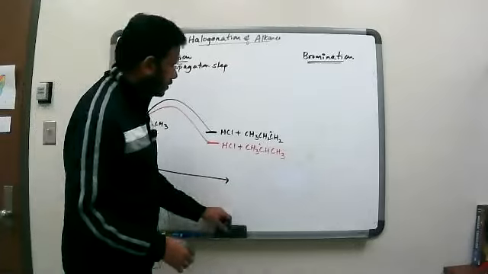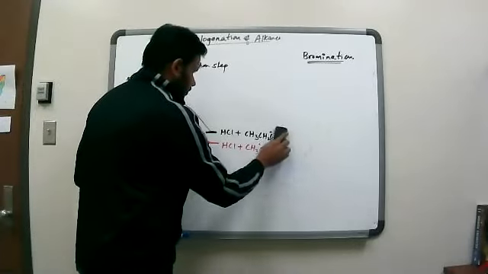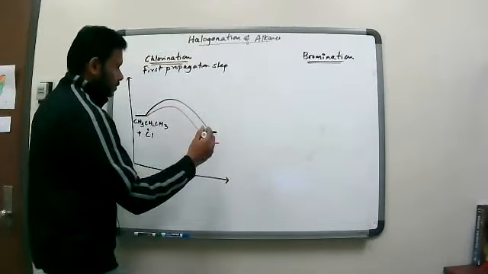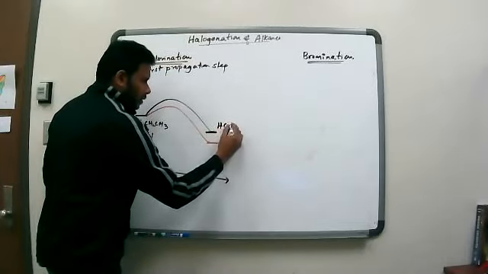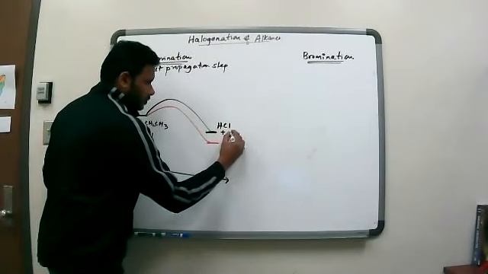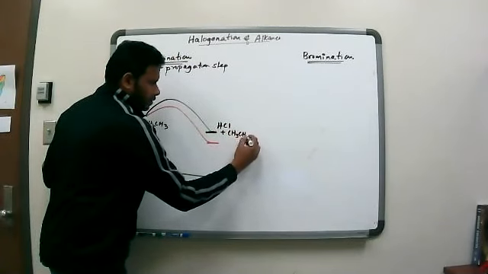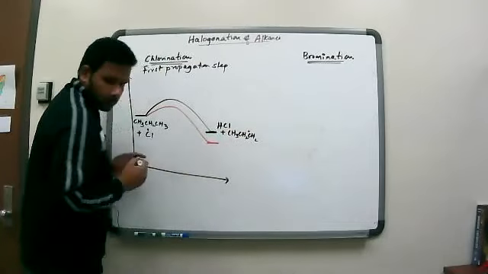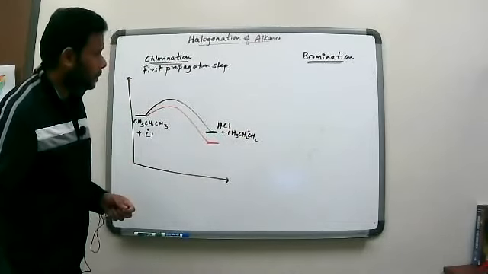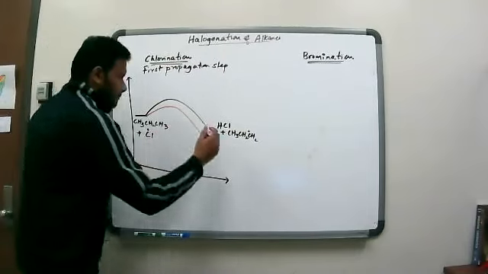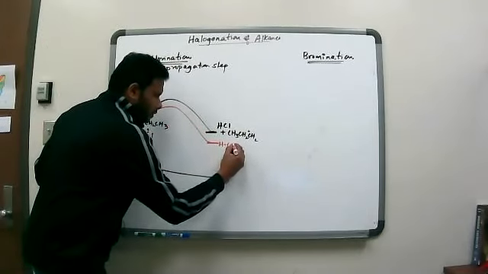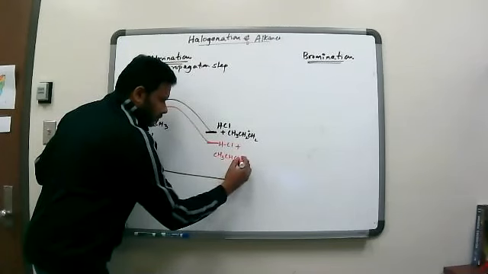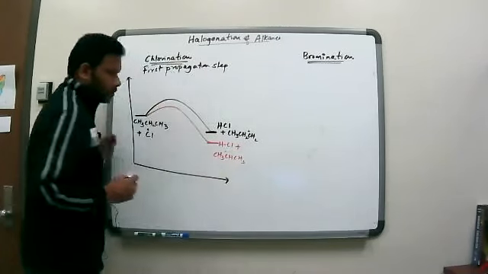Oh, I think I wrote them really big. I don't have enough space for my bromination now. So this is where we have HCl plus CH3, CH2, CH2 radical, and we have HCl plus the secondary carbon radical.